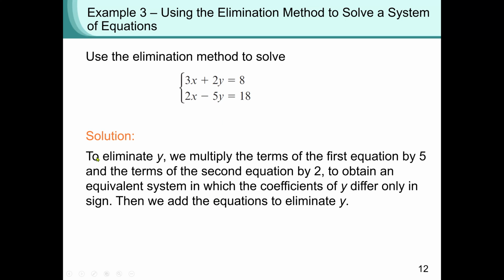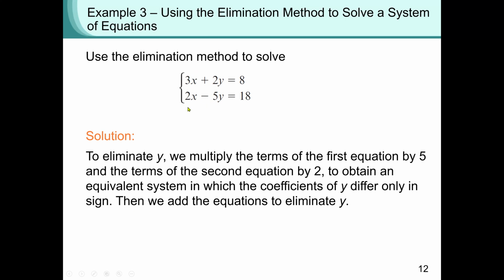That's what we said here. To eliminate y, we multiply the terms of the first equation by +5 and the terms of the second equation by +2, to obtain an equivalent system in which the coefficients of y differ only in sign. Because we have plus and minus already, we don't need to worry.